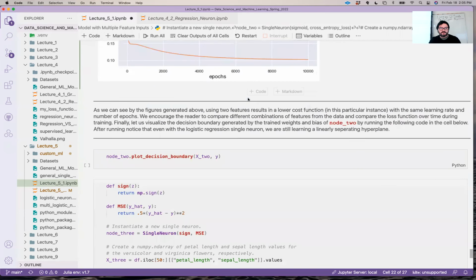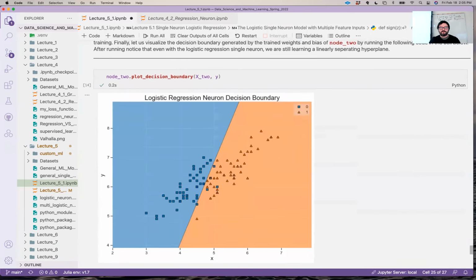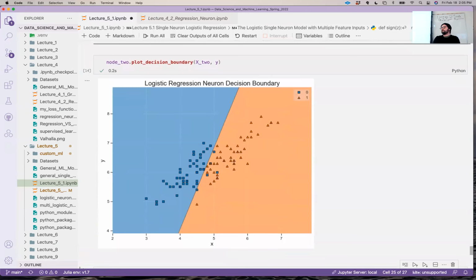Okay, so then let's plot our node 2 decision boundary. There it is. Notice that it's still a line, because it's a linear classifier.